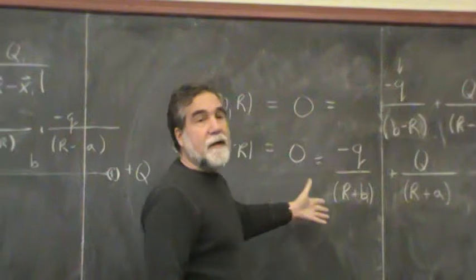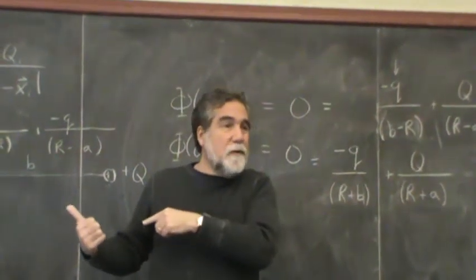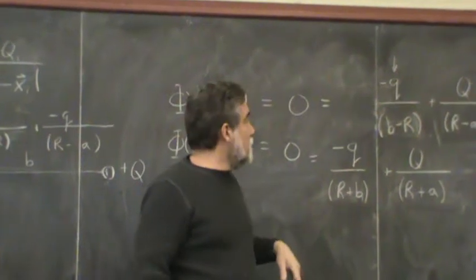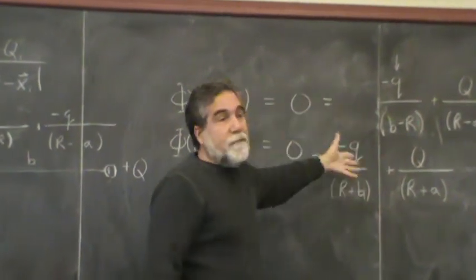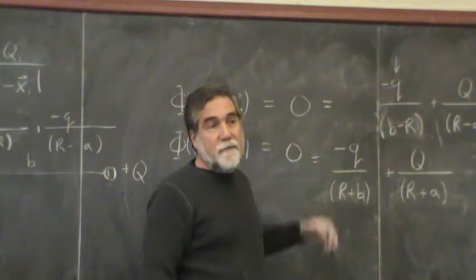I don't have to worry about that. By looking at the actual problem and figuring out what the distances really are, I don't have to write it down in the generality that I wrote it down before.